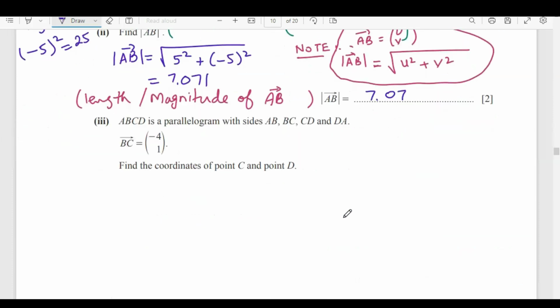Now part 3. ABCD is a parallelogram with sides AB, BC, CD, and DA. First, you have to draw a correct parallelogram ABCD. Generally, we draw the parallelogram with A, B, C, and D, but in vectors you have to mention the arrows or direction.